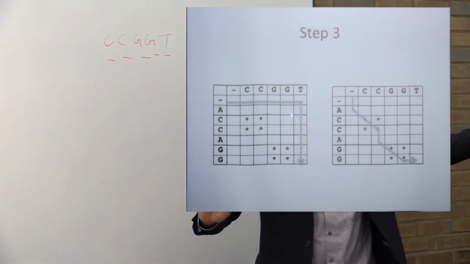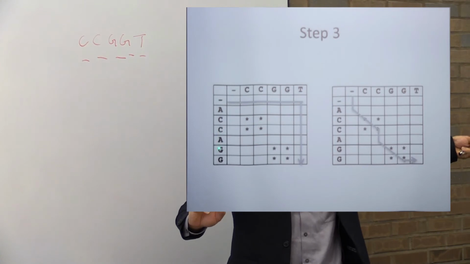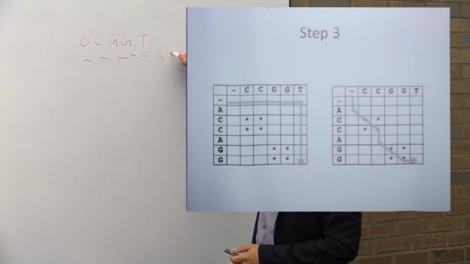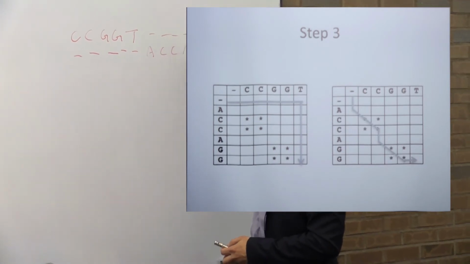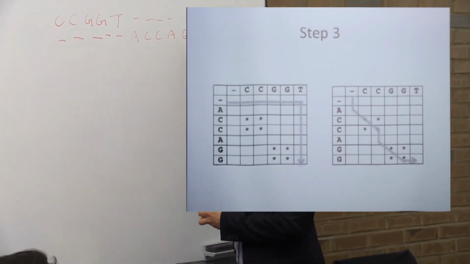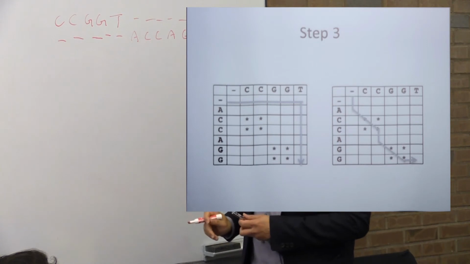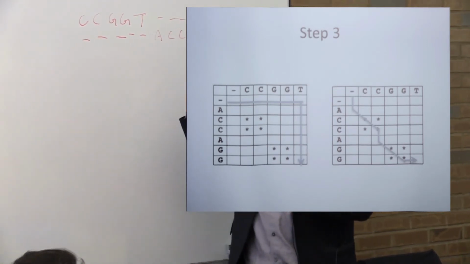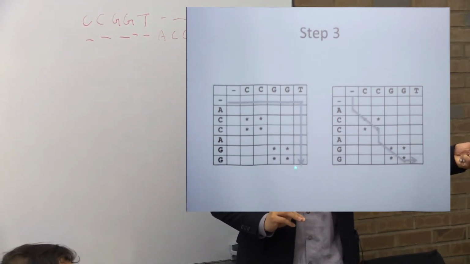And then it goes all the way down. So then A, C, C, A, G, G, so that nothing is matched to anything. That's what this path is.